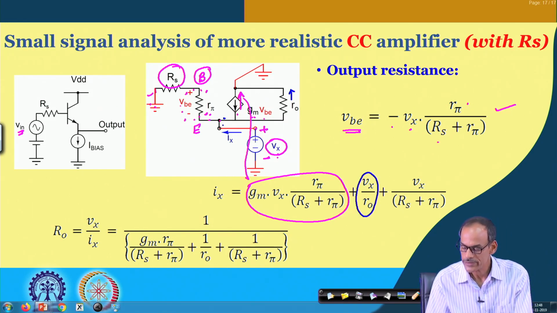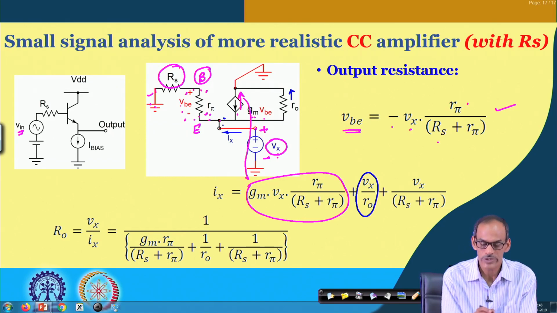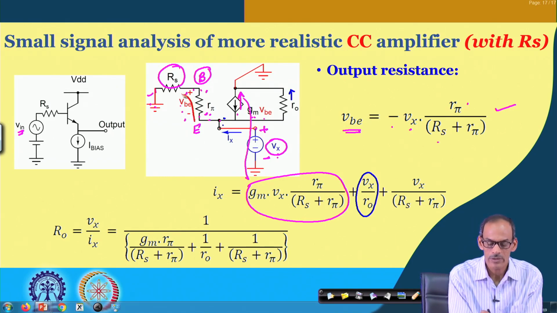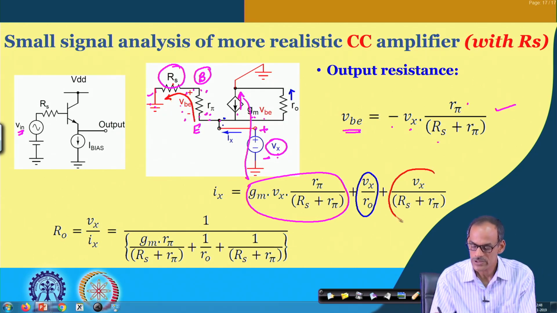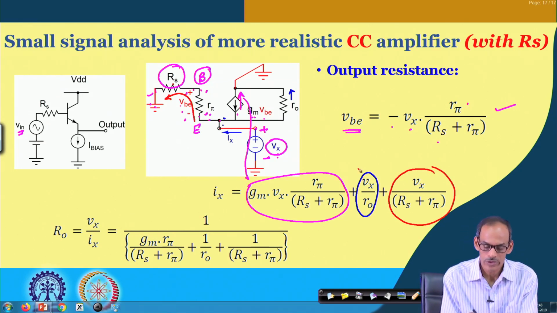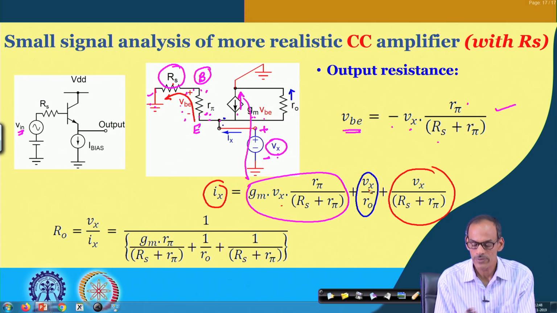and the current flowing through the base terminal, namely this current, is V x divided by R s plus R pi. So, this is what we are getting. So, the total I x current we can write in terms of V x.